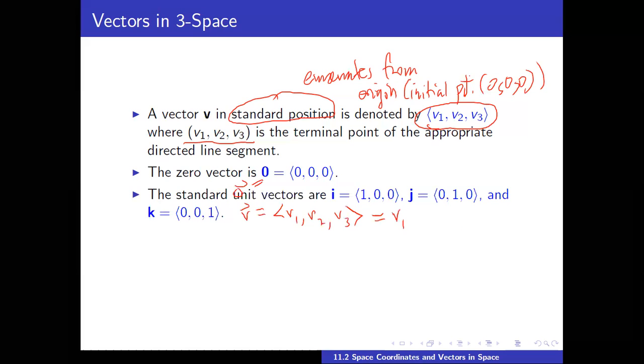V1, I, with a little hat like that, plus V2, J, plus V3, K, right? So that's kind of the way that physicists tend to gravitate towards the writing of a vector in component form. They tend to write it in IJK form. They tend to think of it as a combination of I, J, and K.